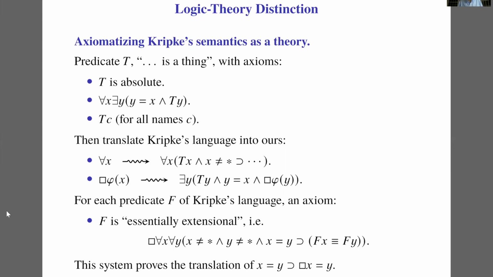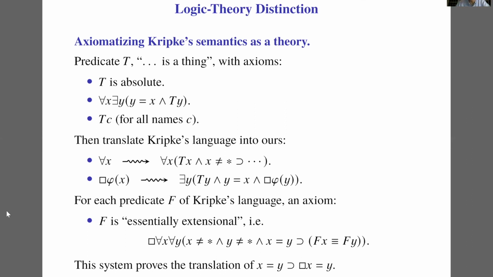allows us to prove the theorem that this theory added on top of this intensional logic proves the translation of the original Kripke's logic: a sentence is provable in the original only if its translation is provable here. So it's pretty much like a translation result.